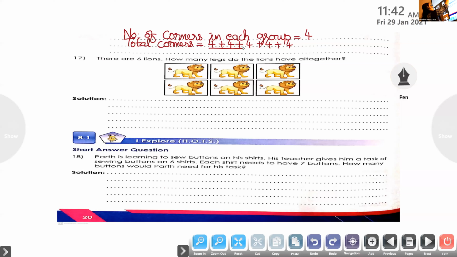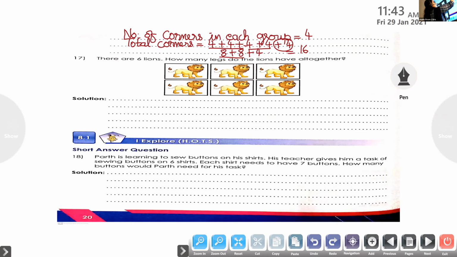2 numbers at a time. Then again 2 numbers. Then 4 plus 4? 8. Then again plus sign is to be written down. Then again 4 plus 4? 8. Then one 4 is remaining over here, so we have to write that number down. Then 8 plus 8 is to be added. 16.